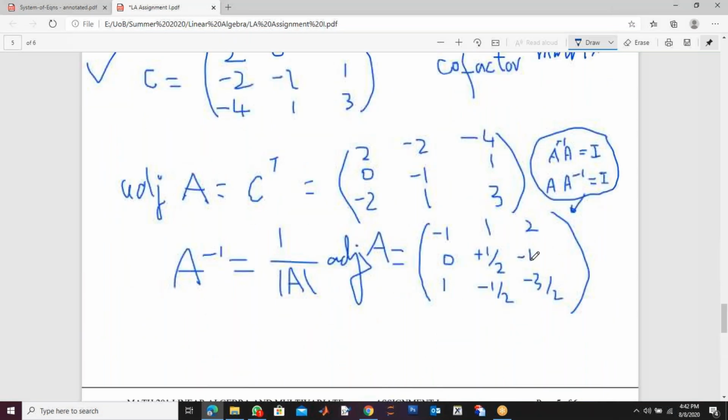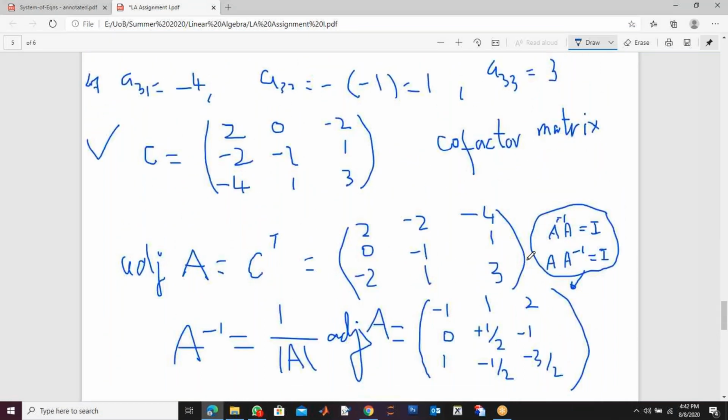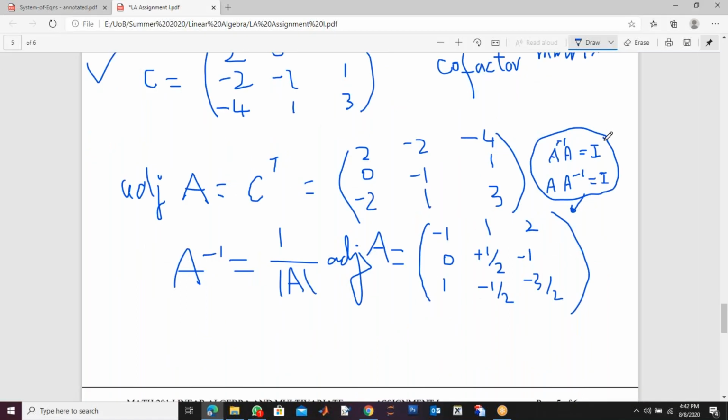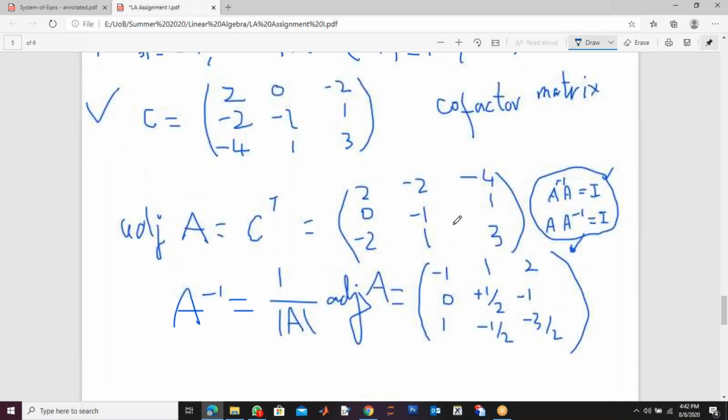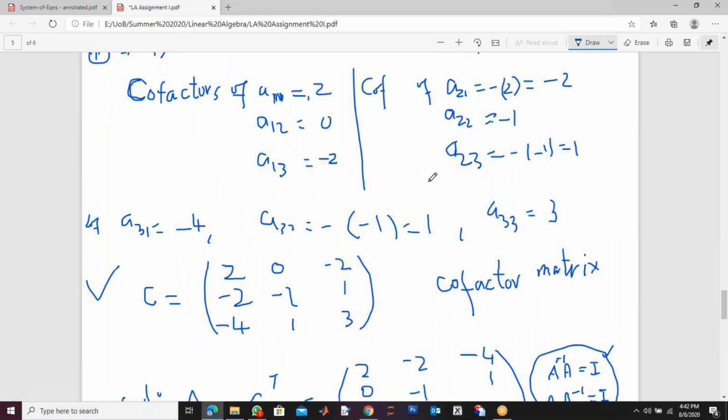This is not 0, so maybe something is wrong. Did I multiply correctly? But anyway, you can check, multiply A with A inverse, you should get identity. Even if one term is not matching with identity, there is something wrong, okay? You can go back and check all these cofactors and see if I calculated all the cofactors correctly.